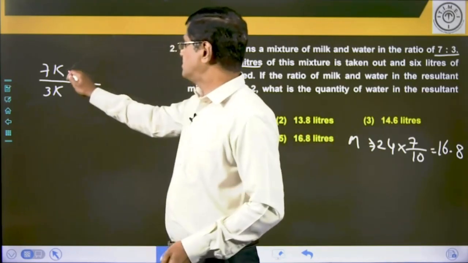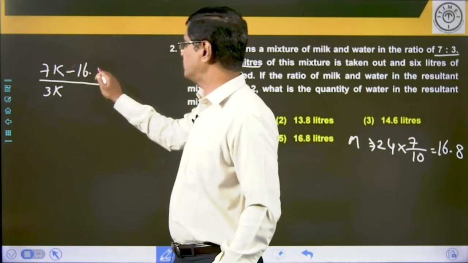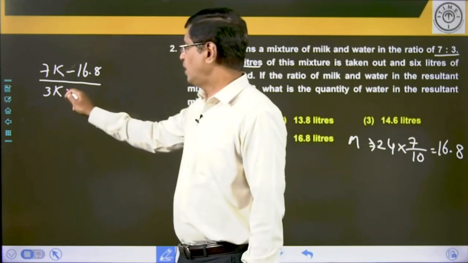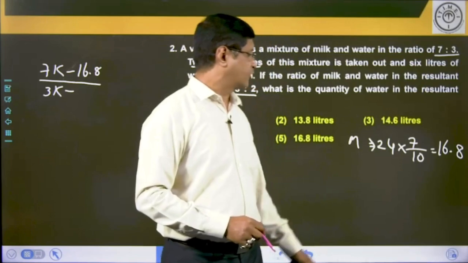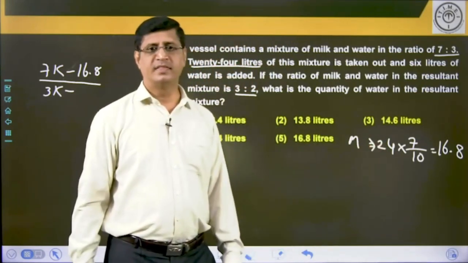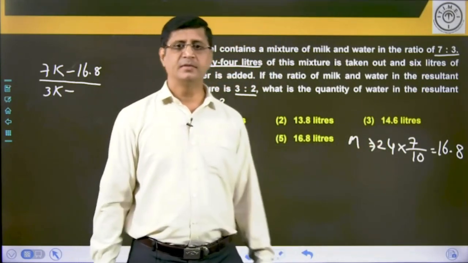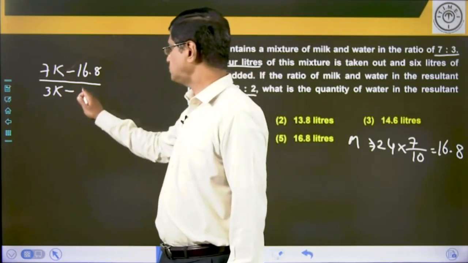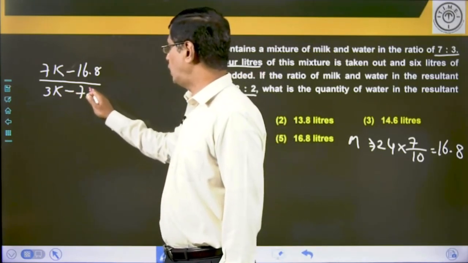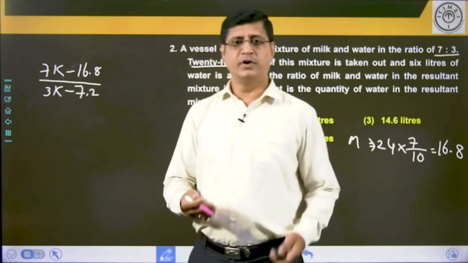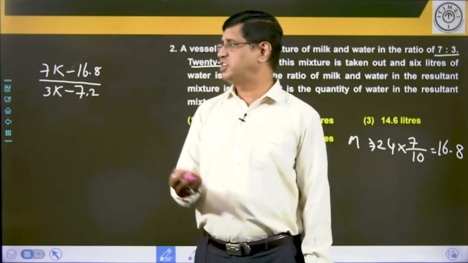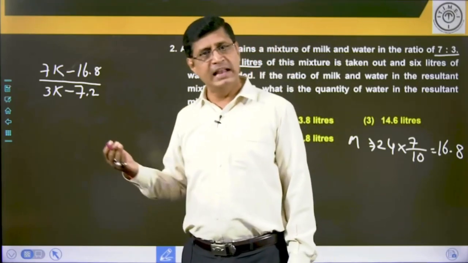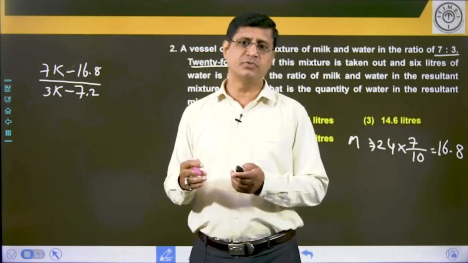And what about the water? Water is 3 parts. 3 parts means 3 into 24, that is 72 by 10 means 7.2. So, 7.2 liters of water is taken out.